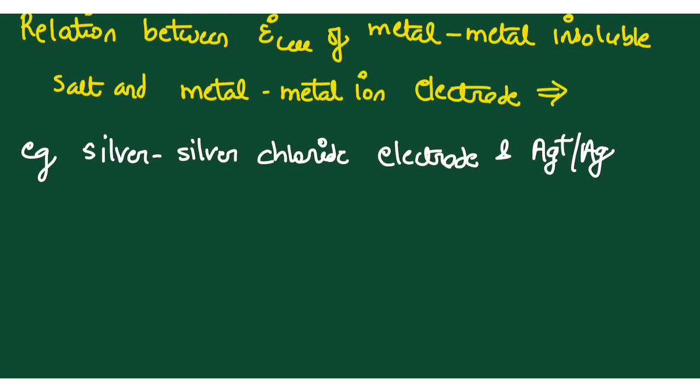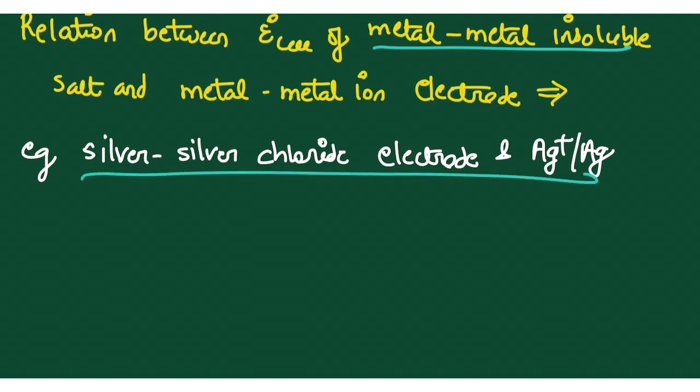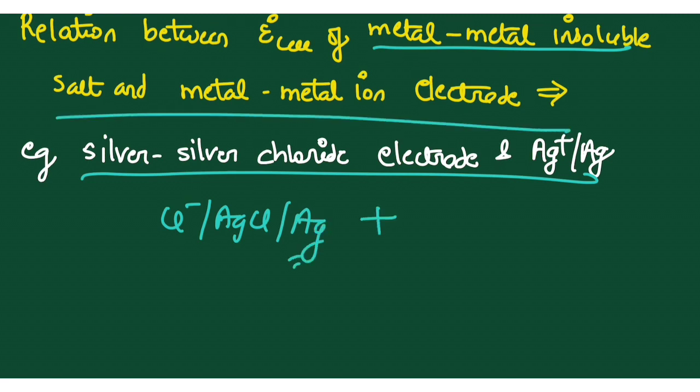Now, if I talk about the relation between E naught of a metal insoluble salt electrode, say silver chloride electrode Cl minus | AgCl | Ag, and the metal ion electrode of the same metal, that is Ag plus | Ag.